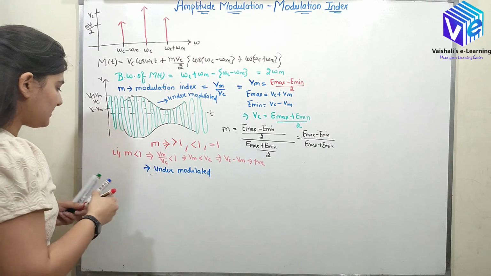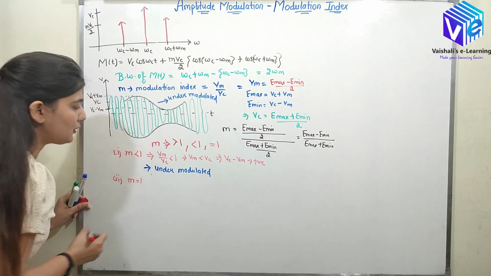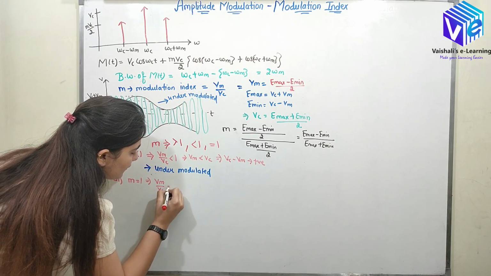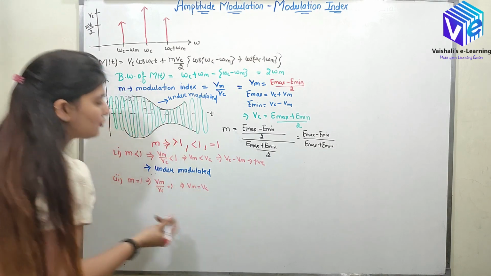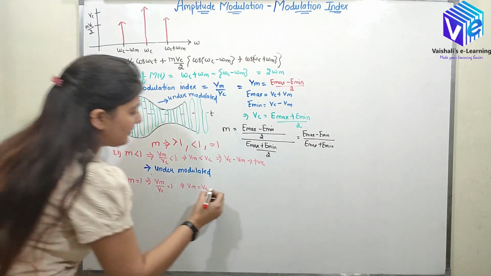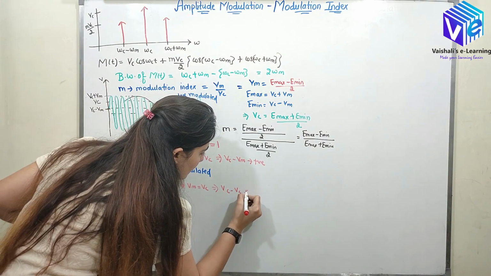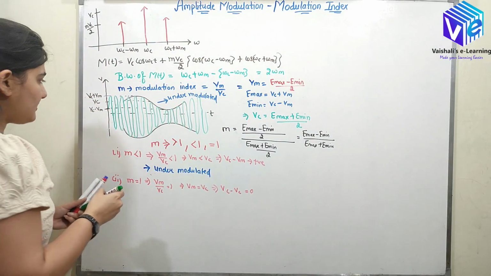So now coming to the second case. Let's take m is equal to 1, which implies Vm upon Vc is equal to 1, which implies Vm is equal to Vc. So now the lower limit would be Vc minus Vc, which is equal to 0. So now how can I represent this signal?